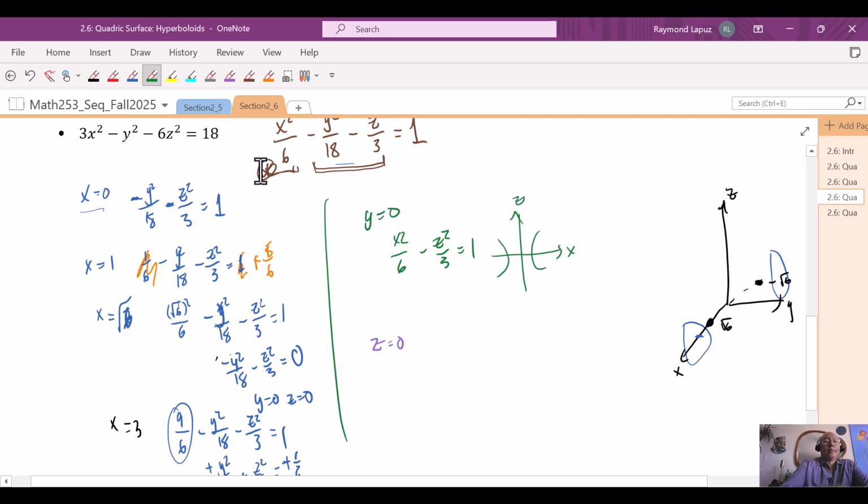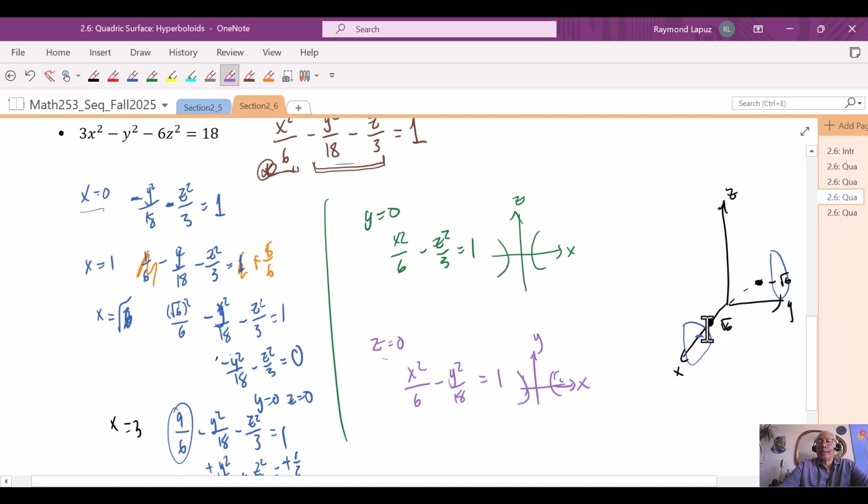And then the hyperbola that we'll get here when z is equal to 0, we're going to get x squared over 6 minus y squared over 18 is equal to 1. And those are hyperbolas opening up along, if we look at the xy plane, opening up along the x-axis.